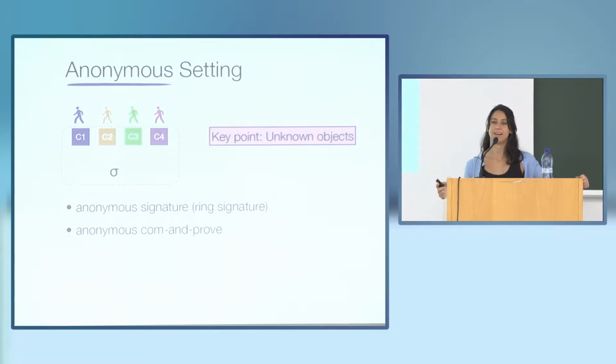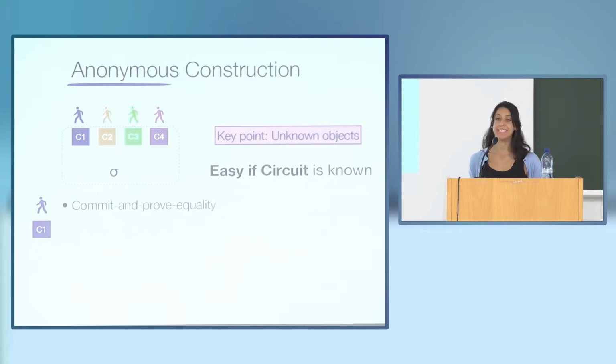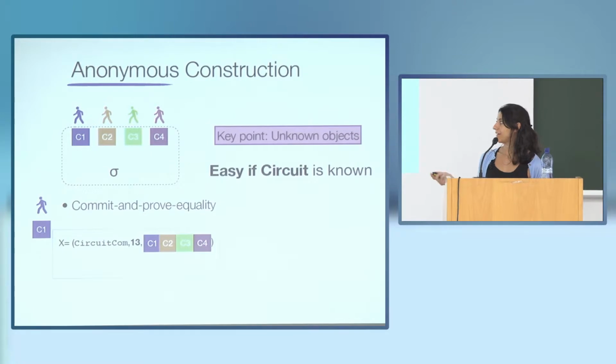Now the natural question is, does this unknown setting make things harder? Is it harder to prove things if I don't know the randomness of the commitment used by other people? The answer is no, it's actually easy, because all I need to know is the circuit of the commitment. Then if I want to prove in zero knowledge that I know one of the openings, it's really easy.